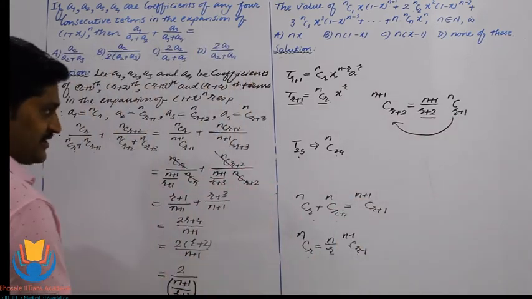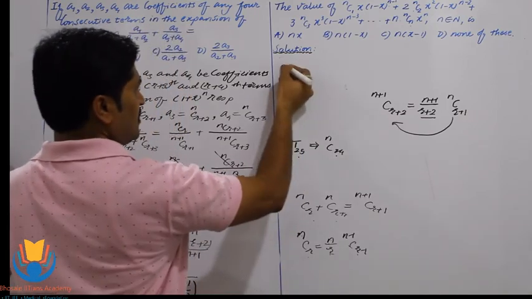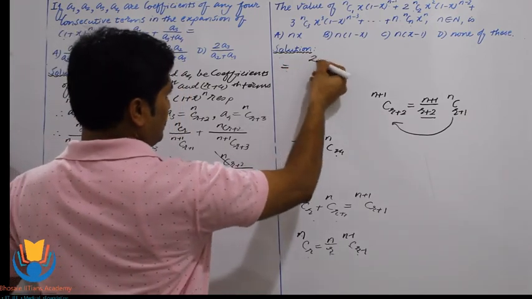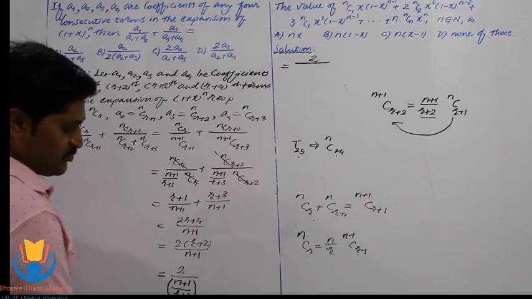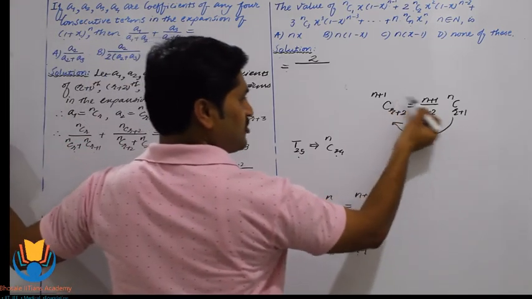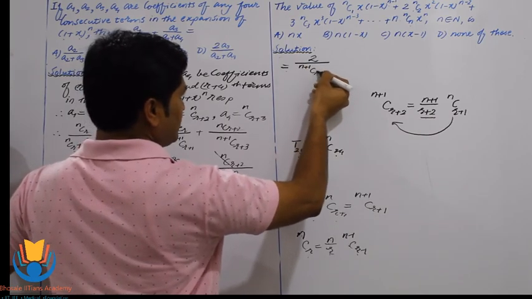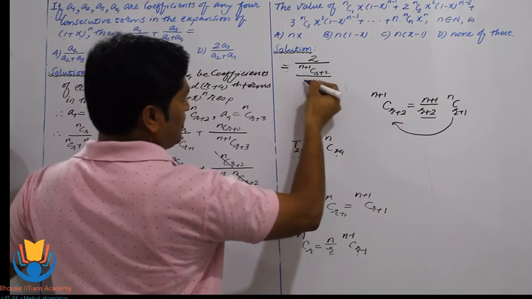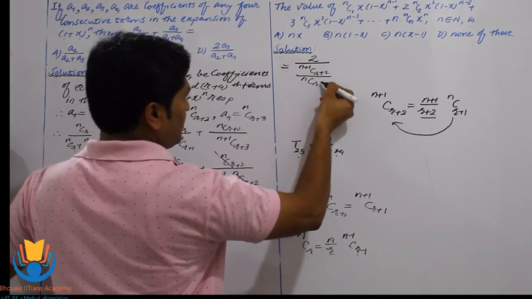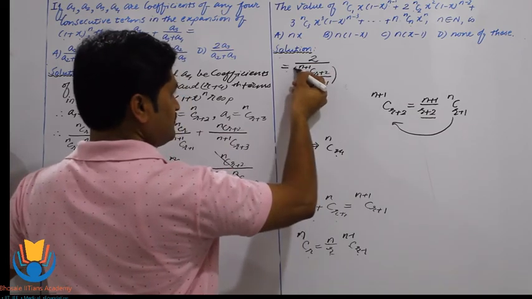So that value I am writing here. The remaining part we will continue here. So this will become 2 upon, again you can see here, the value of (n+1) upon (r+2) is this combination upon this combination. So I am writing (n+1)C(r+2) upon nC(r+1). So that value we substituted.